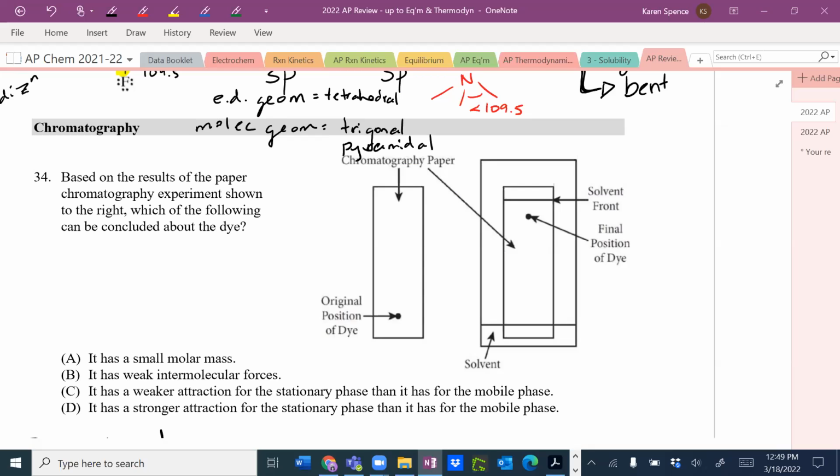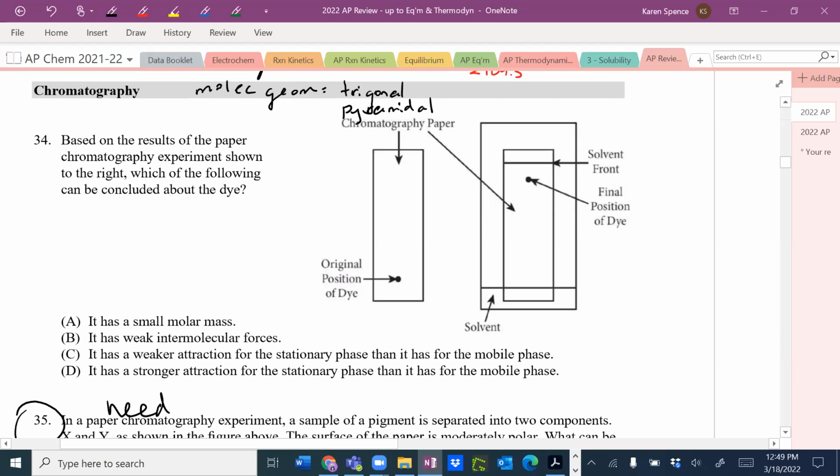34. Based on the results of the paper chromatography shown, which can be concluded about the dye? It has traveled far. Okay, so it has weak intermolecular forces. That just seems like a really vague statement because there's all kinds of intermolecular forces happening here.